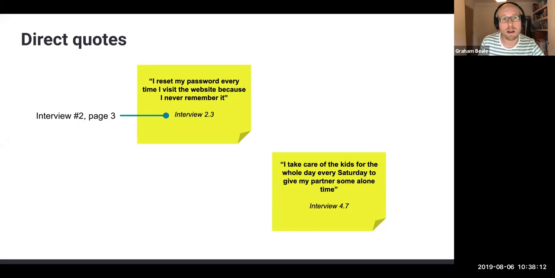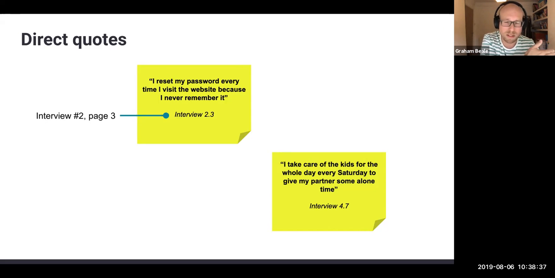So here's an example, and what they've done here, these are direct quotes from the user. There are different types of information, and it's important to recognize what they are and make sure they are represented in these post-it notes. These are direct quotes, so you see the quote marks on them. And they've given a reference to the transcript, so you can see where it's referenced in that document.